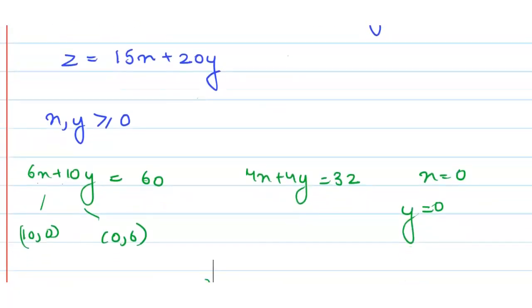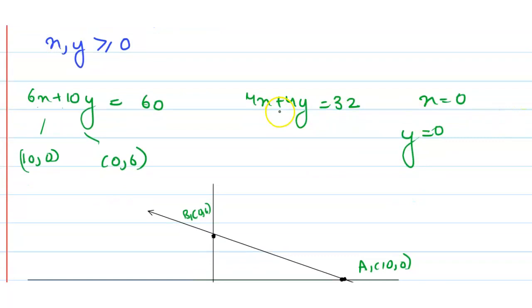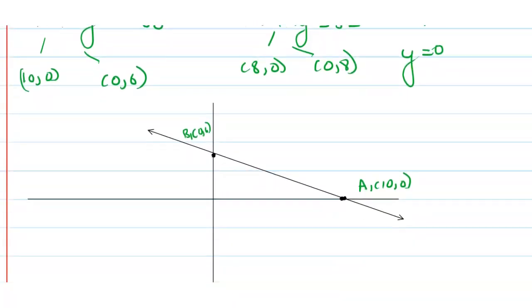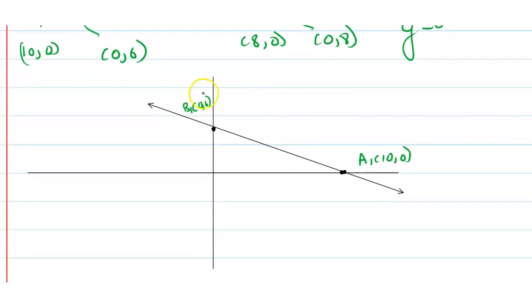Now let us see the equation 4x plus 4y equals 32. And here I can take point 8, 0, right? 8, 0 here. And the other point as 0, 8. Right? So let us join these points. Your 0, 8 will be somewhat here. And your 8, 0 will be somewhat here.